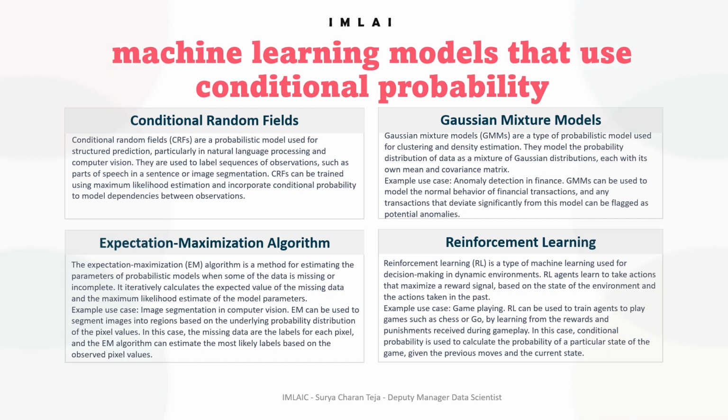In this case, conditional probability is used to calculate the probability of a particular state of the game given the previous moves and the current state. Probability of B, vertical bar, and then A. That's how we are using it here.